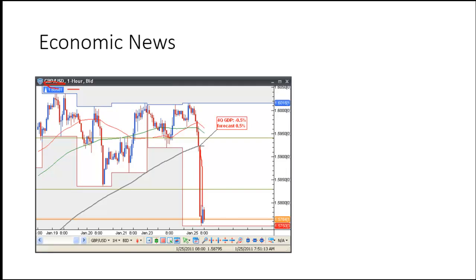And we might say, when news is about to come out, and in this case, it was GDP news, then we will look to sell, expecting the price to fall, if you see what I mean. And that's one way in which we can trade the news.